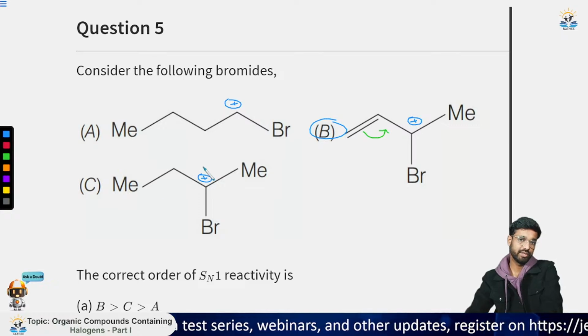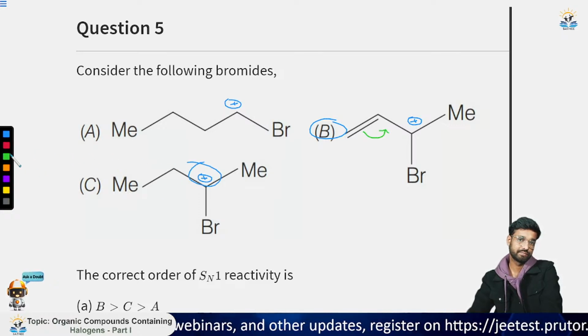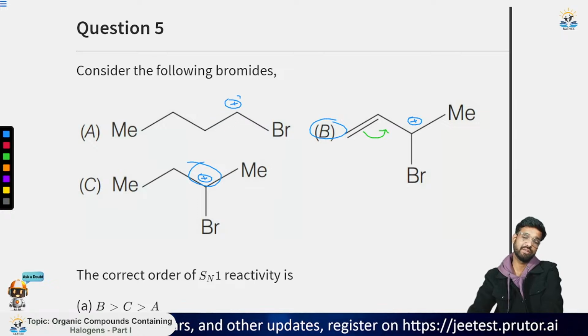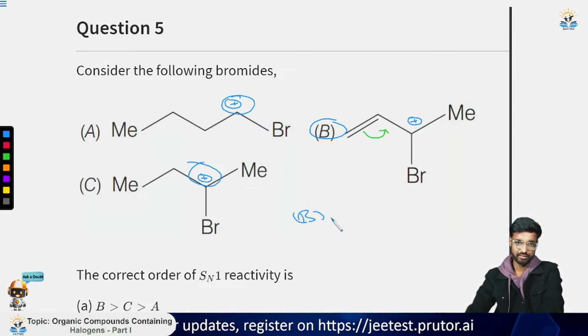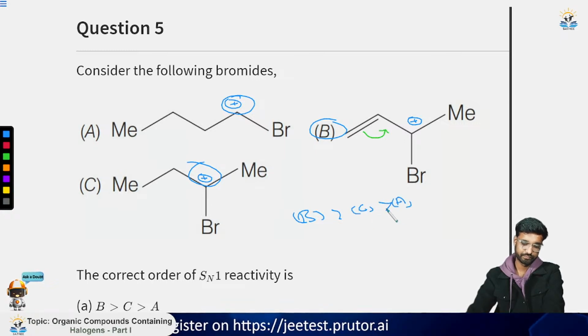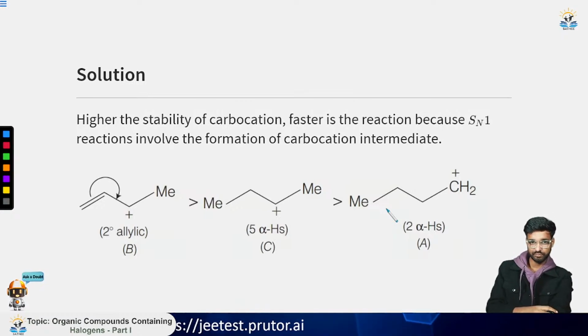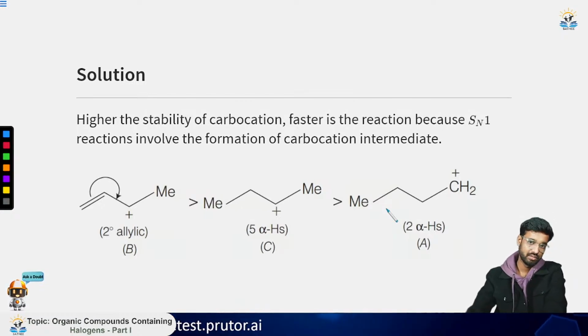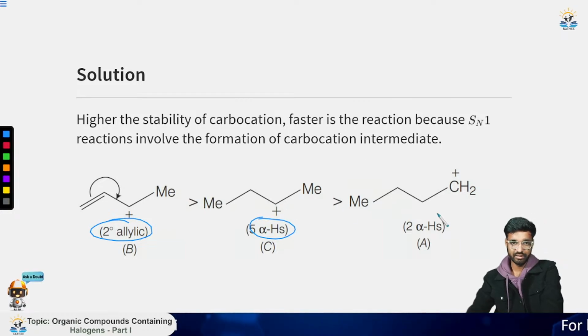Then we have this 2 degree, which is more reacting, and this is SN1. So we can say that we have B, C, and then A. So this is the order that we have. The same thing is written here because this is 2 degree allylic, then 2 degree, then 1 degree.